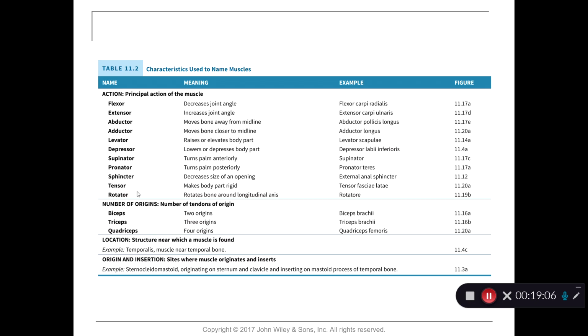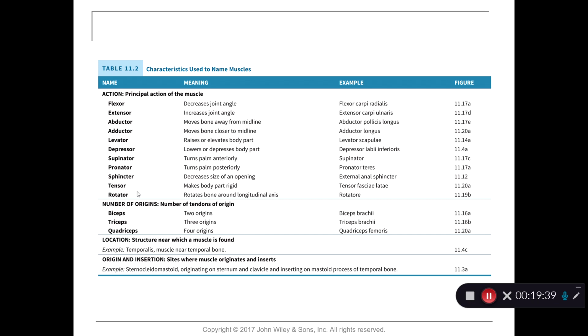Again, actions were a huge, absolutely ginormous portion of a lot of the muscle names. We're not going to go into huge detail, because most of these names should sound very familiar from last session. Flexor means that you decrease the angle at the elbow or move in front of the body when you're in anatomical position, and extension is going behind the plane of the body when you're in anatomical position. Abductor is moving the limbs away from the body or midline.